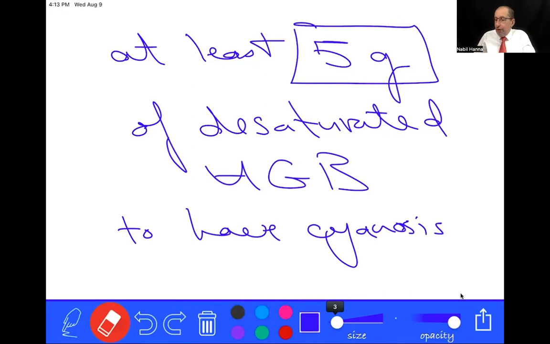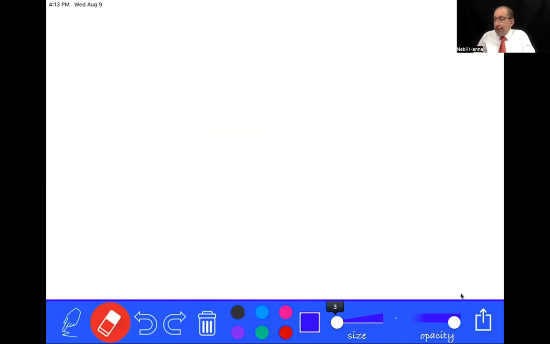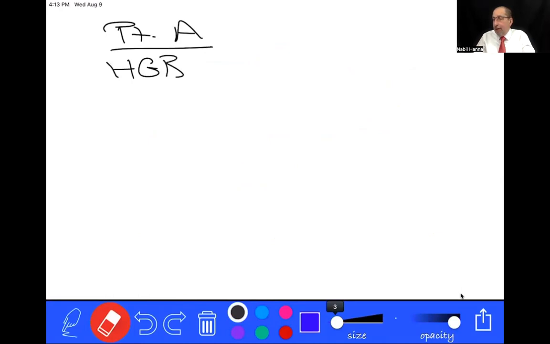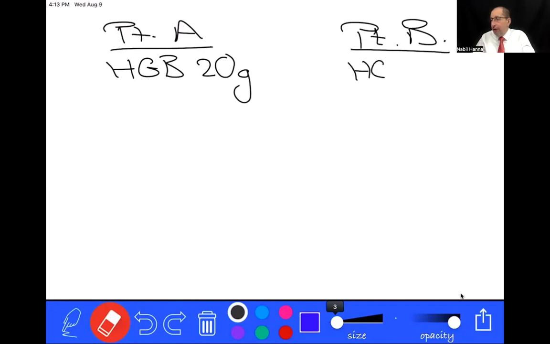So let me give you examples of 2 patients. Patient A has a hemoglobin level of 20 grams. Patient B has a hemoglobin level of 7.5 grams.